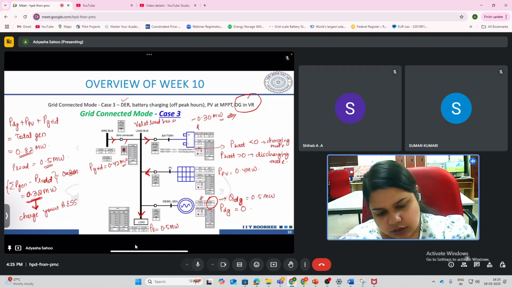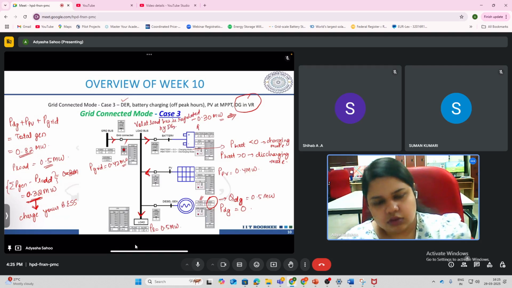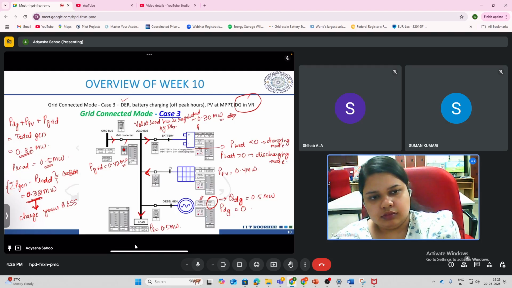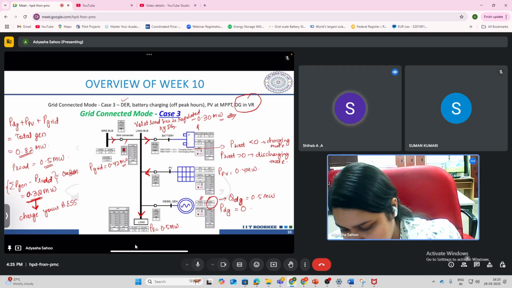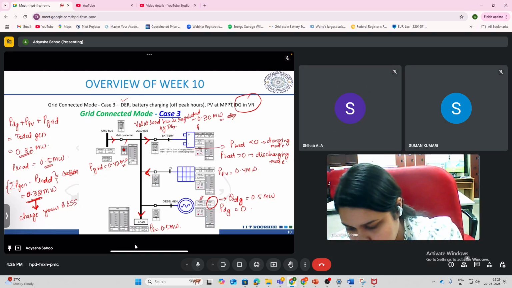The load bus is regulated by DG. Is this clear?